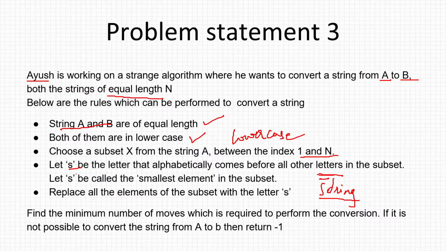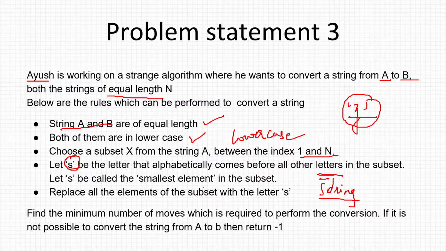For us Z is greater than all the lowercase alphabets, so Z is the highest. This is just an arbitrary definition: if S comes before all other letters in the subset, we call it the smallest. Sorry, so Z is the largest for us, and S is the smallest.